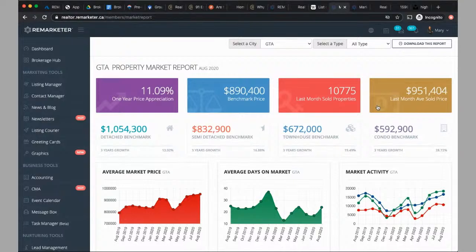So let's imagine in March, where $2 million properties sold in that neighborhood, you compare that neighborhood to another neighborhood which their property sells for an average of, let's say, $1.1 million.